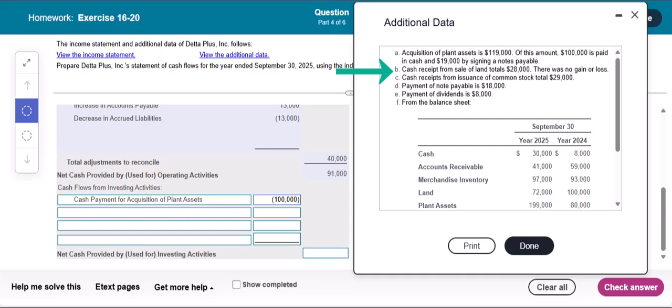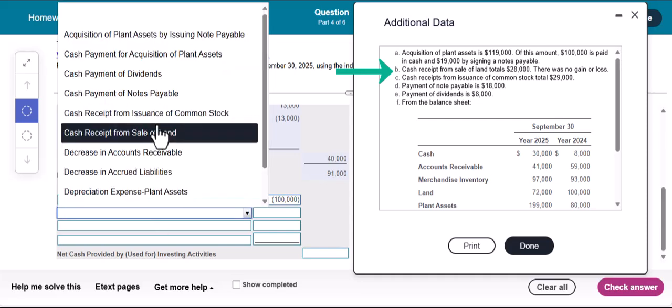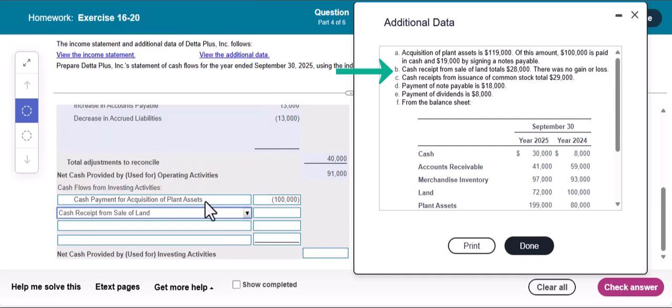We next go on to cash receipt from sale of land. Land is a long-term asset, therefore it's going to go in the investing activities section. So cash, when it's received for that $28,000, since we received cash, it's positive. So we'll go ahead and input cash receipt from sale of land for a positive $28,000, since again cash is coming in, so going up.